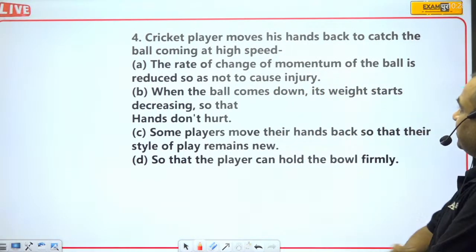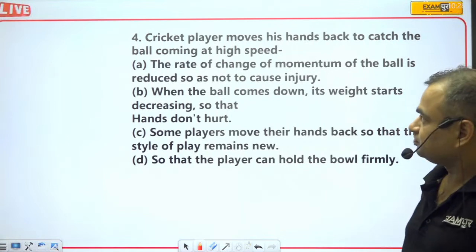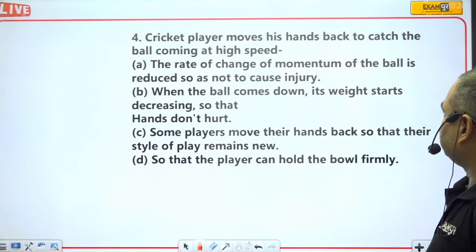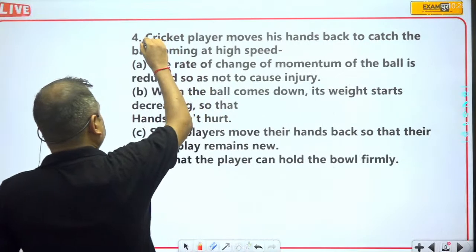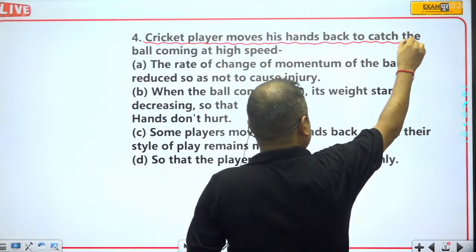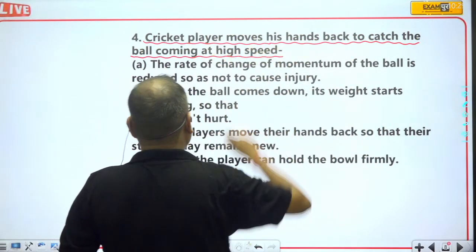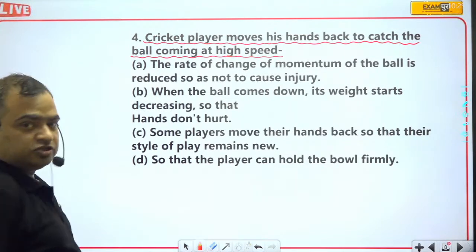The cricket player moves his hands back to catch the ball coming at high speed. The rate of change of linear momentum of the ball is reduced so as not to cause injury.